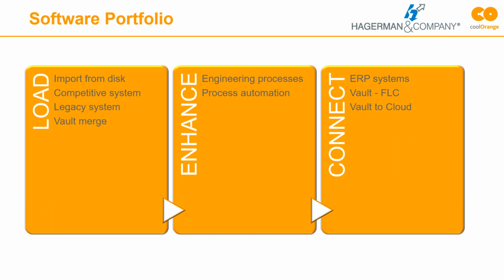If you've ever needed to or investigated the possibility of merging different vaults, be they on the same server or different servers, it's not a trivial process, especially if you need to keep history. There's no real good way to do it, other than using a tool provided by Autodesk that's provided only to resellers and consultants. But coolOrange has some really nice tools that work in conjunction with that Autodesk tool to make it easier to make sure you're getting your data loaded in the right way.